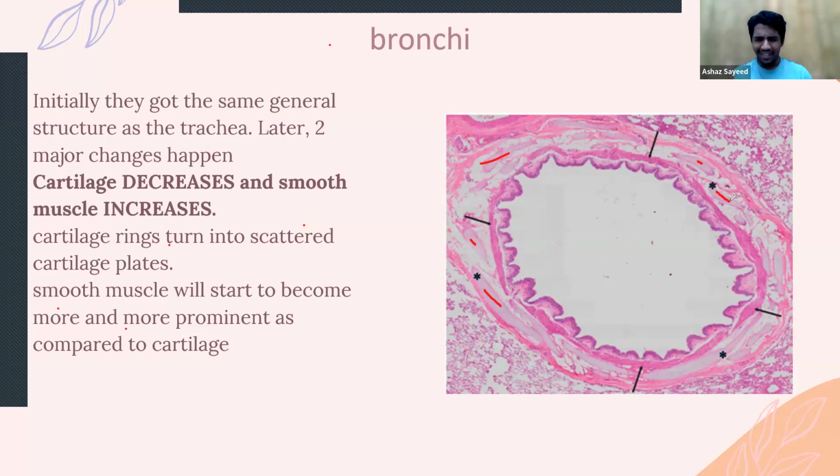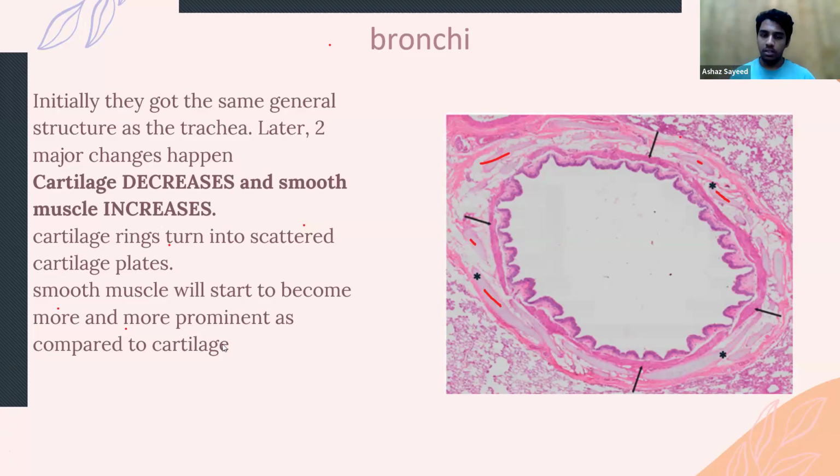They're scattered around. So from the trachea's prominent cartilage, we now have scattered cartilage in the bronchi. But the smooth muscle, instead of being one trachealis muscle, now surrounds the entire bronchi. It completes an entire circle and becomes more prominent.